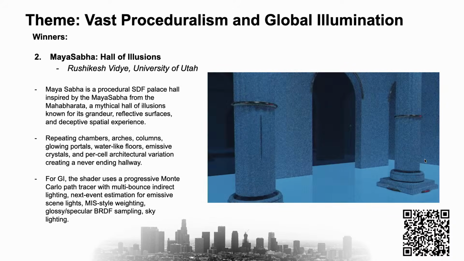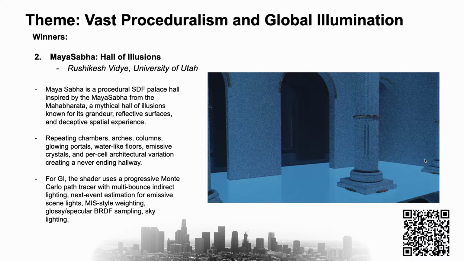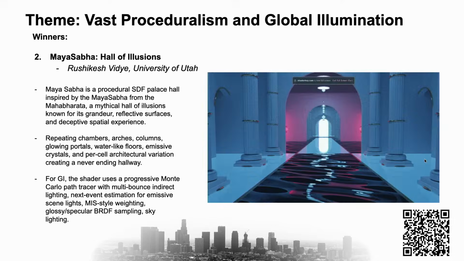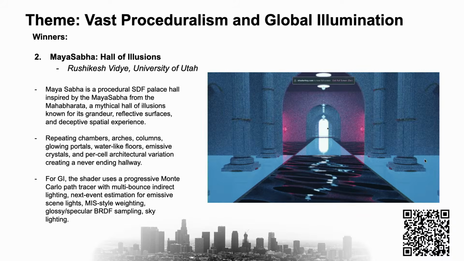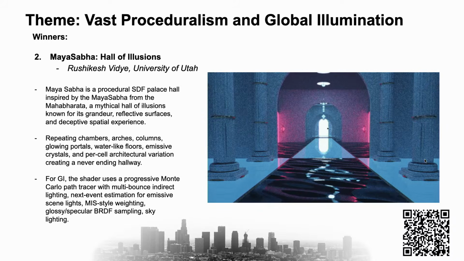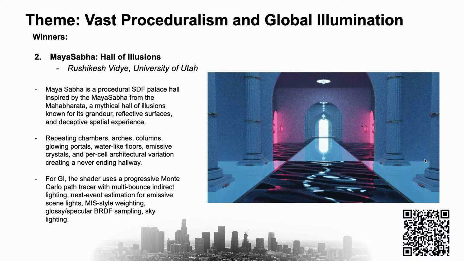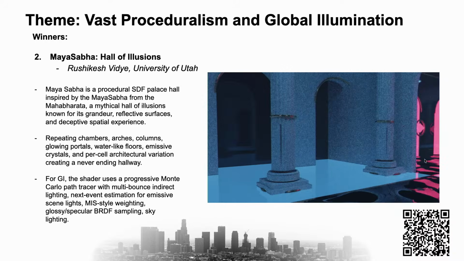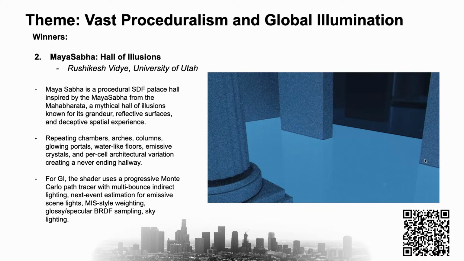The implementation works on repeating chambers, arches, columns, and internal scenes with proceduralism. And for the global illumination part, the shader uses a progressive Monte Carlo path tracer with multi-bounce indirect lighting, next event estimation for emissive lights, and MIS weighting.